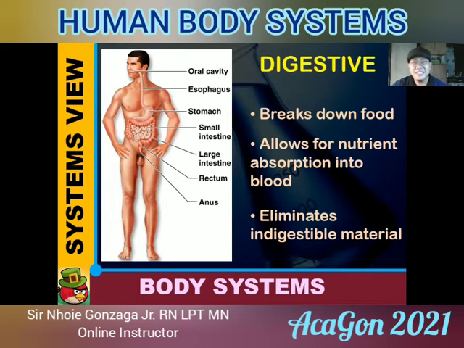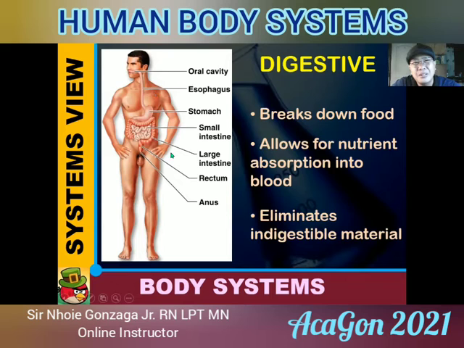Now, next system here, we have the digestive system. From the word digest, it has something to do with food intake and food output and breaking down of food in the body. So here are the organs involved in the digestive system.